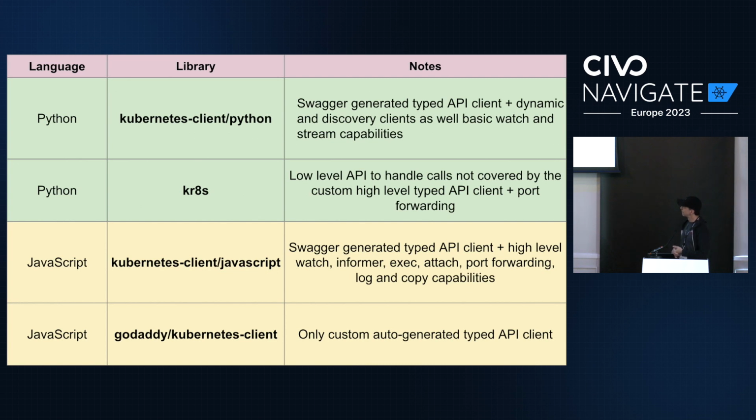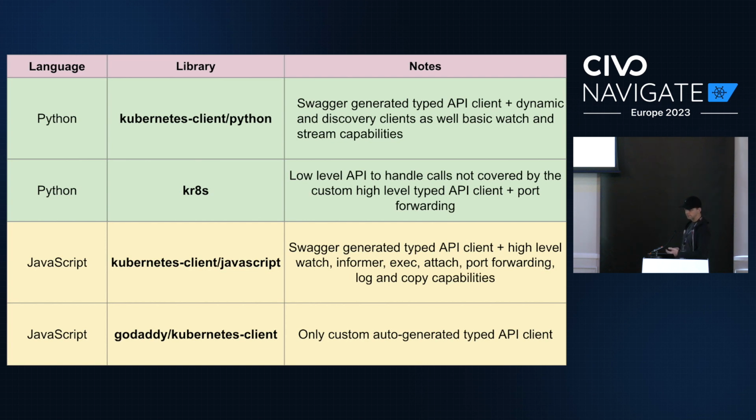And that is one of the reasons why I picked the other couple of libraries, because they provide an alternative way to represent the data types and the methods to call. The official Python and JavaScript libraries also have a number of additional features on top of the Swagger-generated code. For example, they have helpers to make it easier to watch for changes in collections and objects.